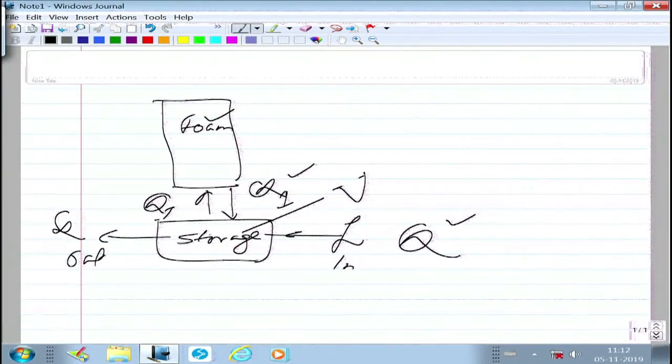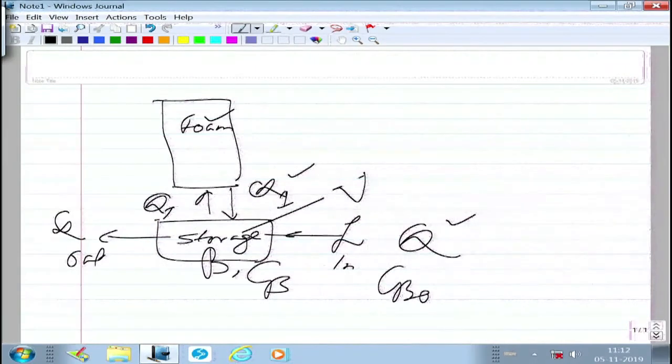When we wrote a material balance here on sodium sulphide or B, we had the inlet concentration across the storage section Cb0. Inside the reactor, the storage section had uniform concentration B, which is the well mixed concentration, and that is the same concentration with which the sodium sulphide would flow out.